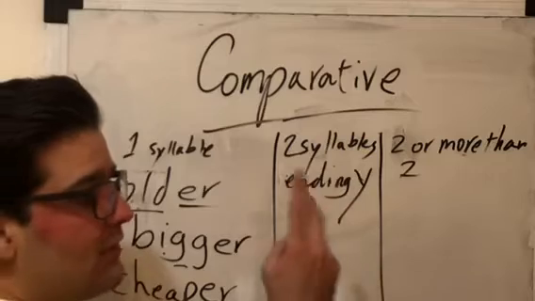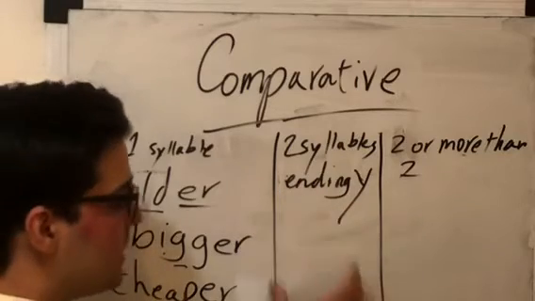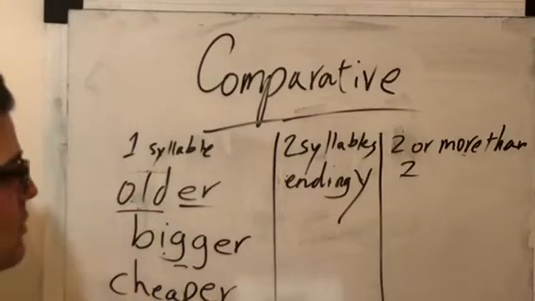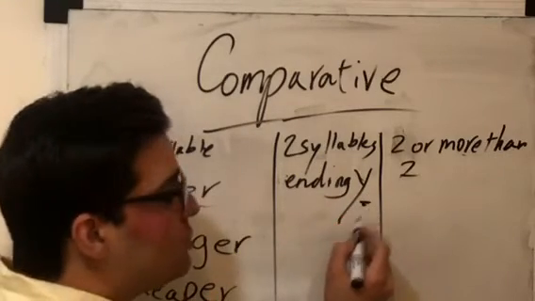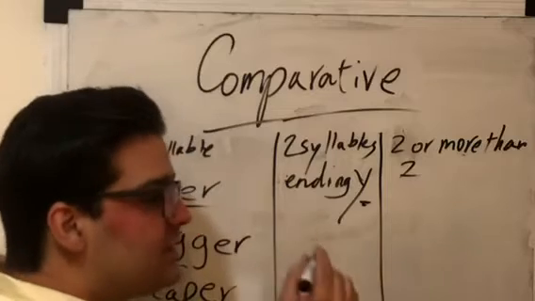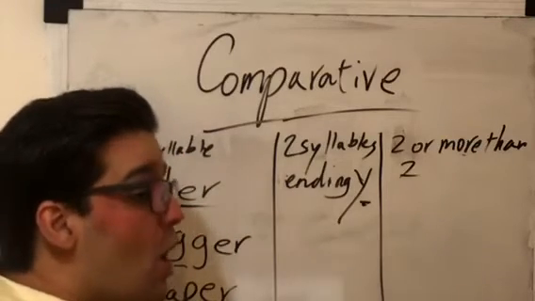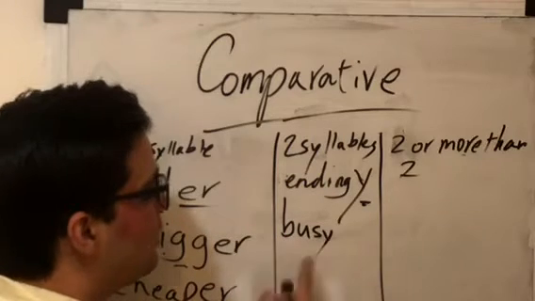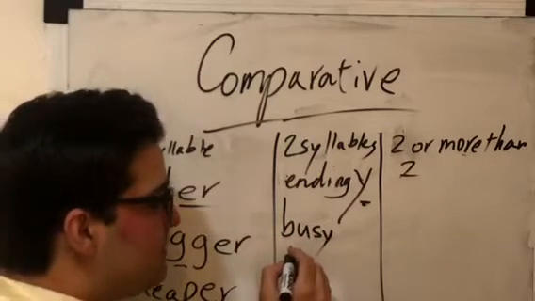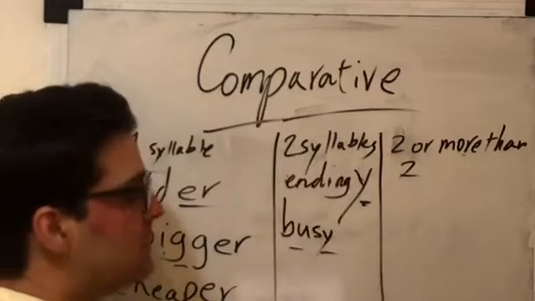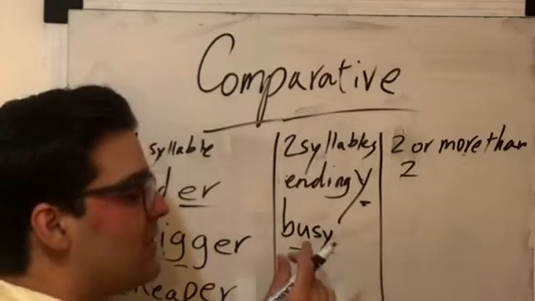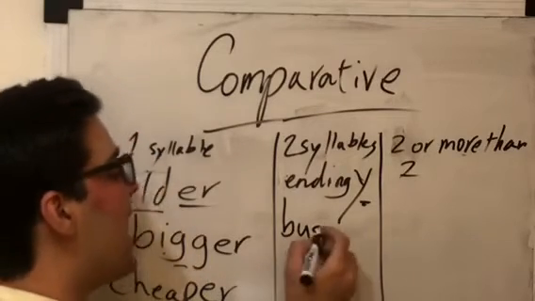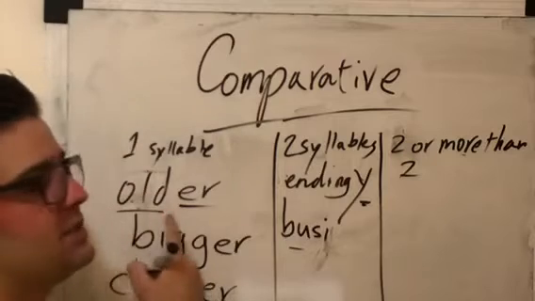Two syllables. We have two syllables for this column, and ending y. So this one is going to be removed, and instead of that, you can add i. So, for example, like busy. Busy, two syllables, okay? But we have ending y. You can remove that, and instead of that, add i, and then add er.